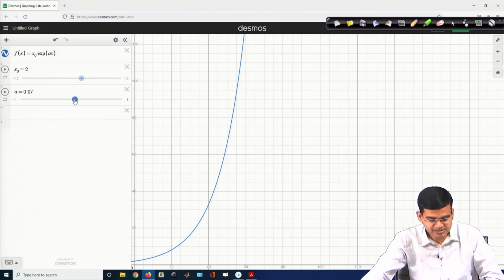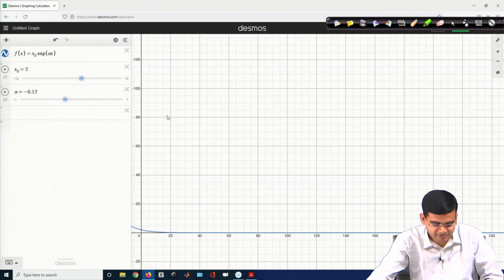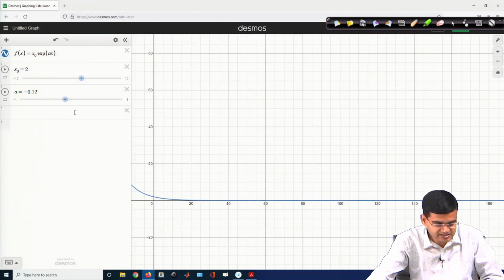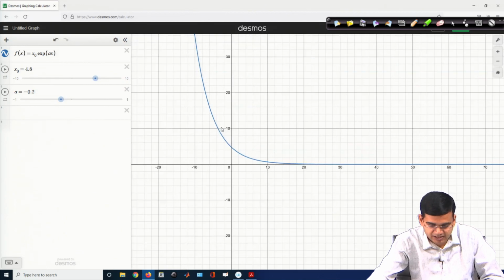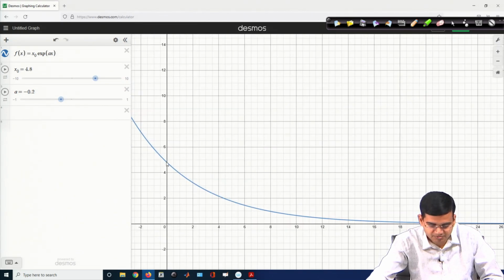But then a strange thing happens: the moment I make my parameter a negative, my system actually goes from the initial condition to 0.